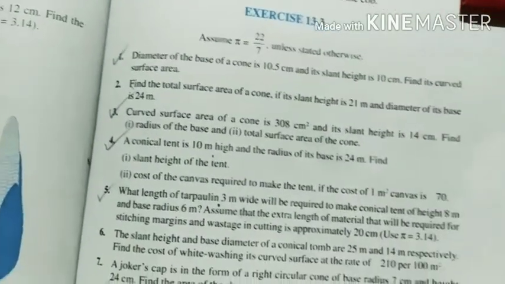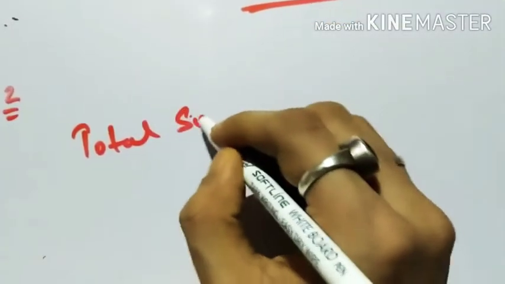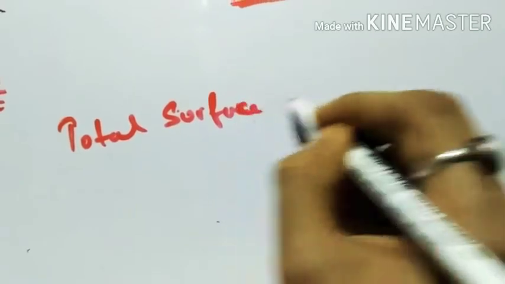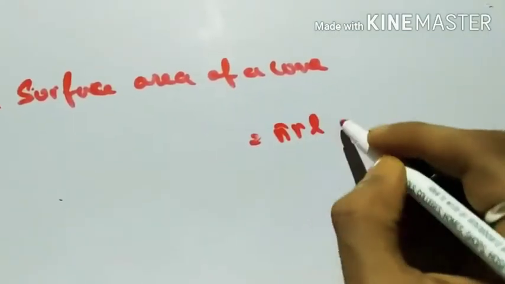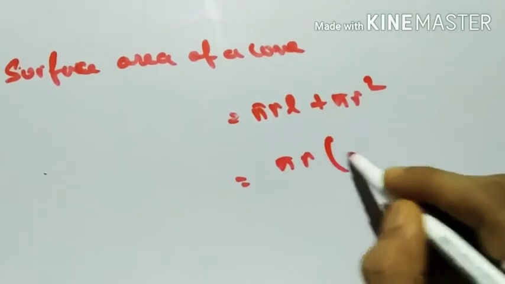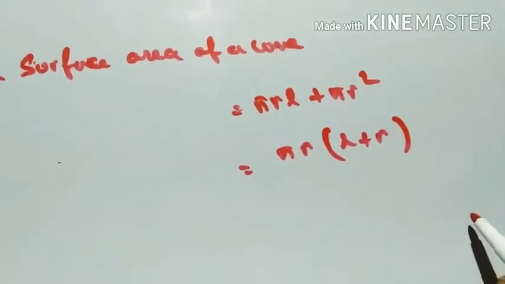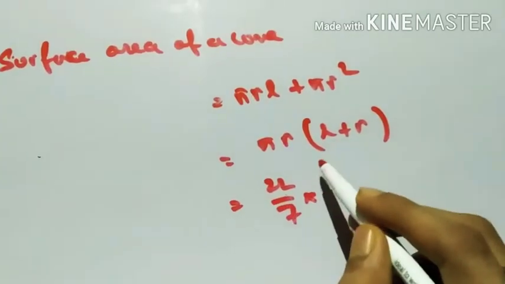I have to find the total surface area of a cone. The slant height is given and the diameter of the base. Now the total surface area of a cone, the formula is pi RL plus pi R square, pi R common, L plus R. So it is equal to 22 by 7 into the radius of the cone.